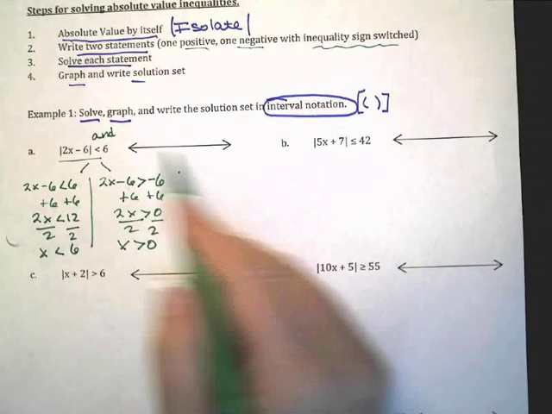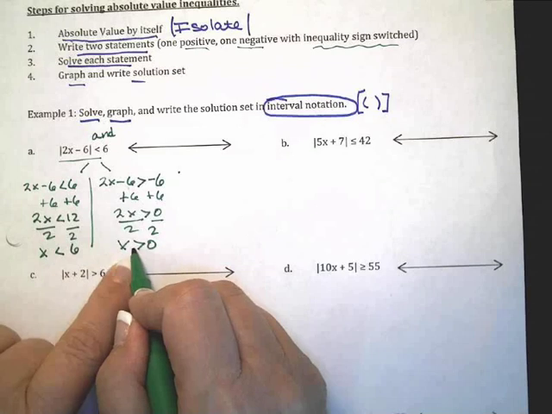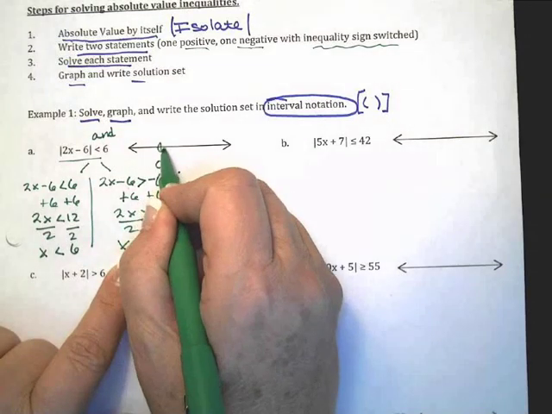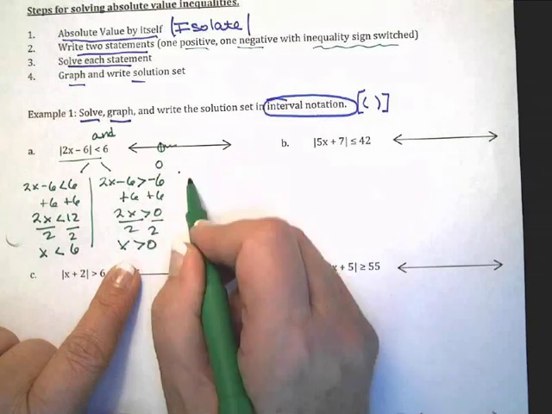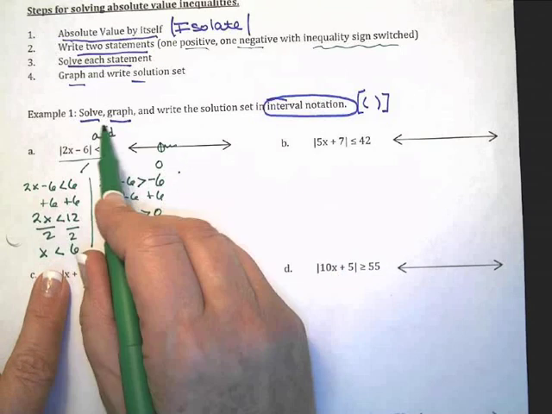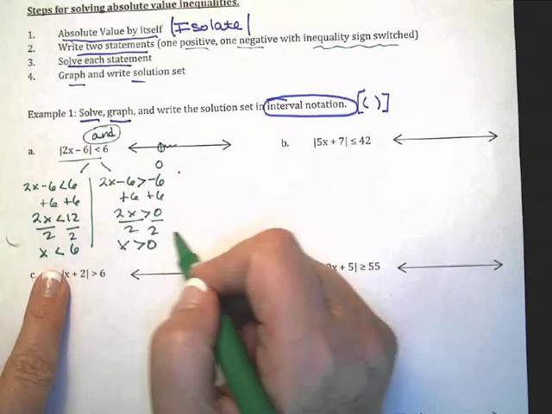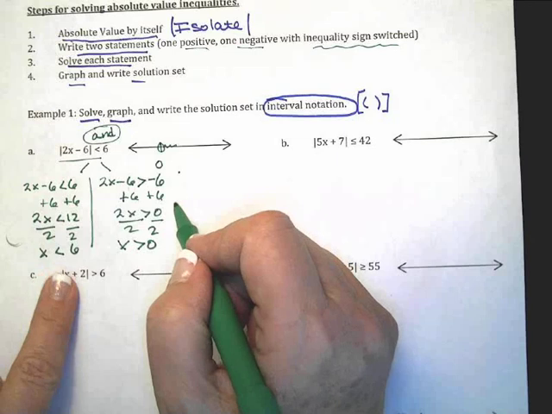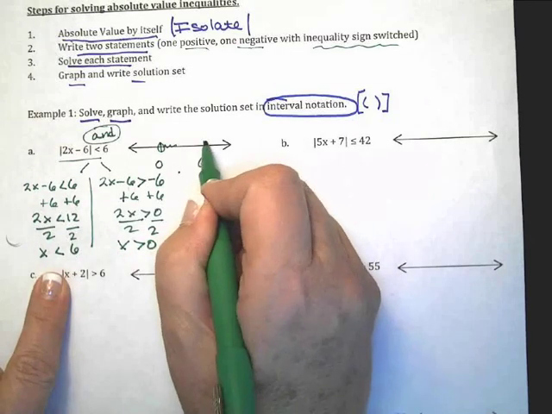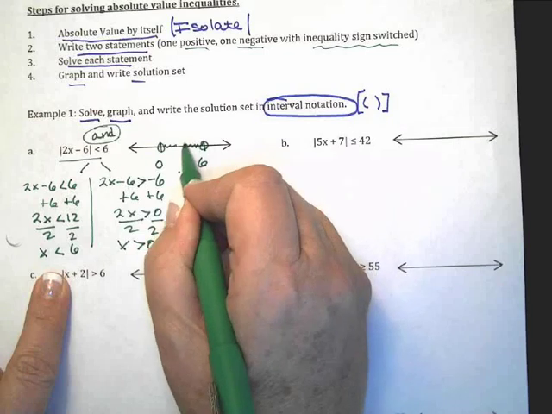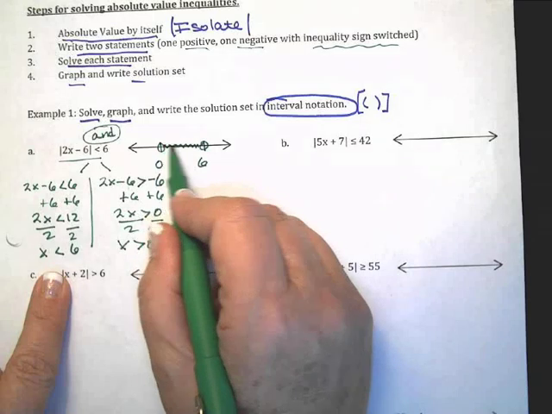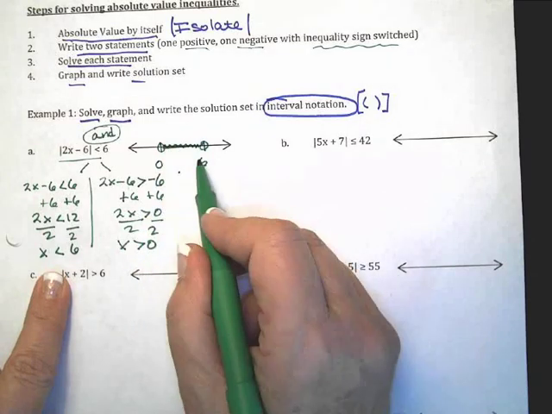So if we graph this, and I'm going to graph this one first, x is greater than 0, we have an open circle at 0, our solution goes to the right, but I'm not going to put an arrow on that because since this is our compound inequality with and, we also need to have this condition, x is less than 6, so open circle on 6, arrow to the left. So our overlapping or common solution would be just this space in between 0 and 6.